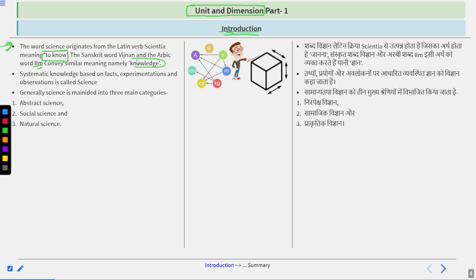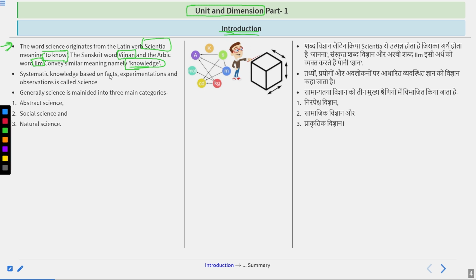So there are three different languages from which the word science originates: first, the Latin word scientia; second, the Sanskrit word Vijnan; third, the Arabic word ilm. All three have a similar meaning, namely knowledge, that you have knowledge of something.